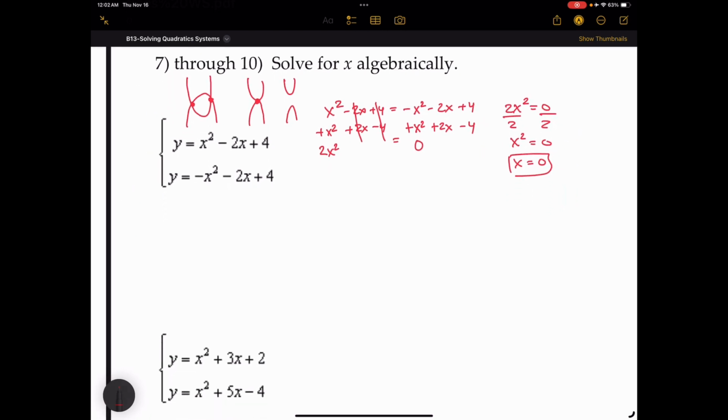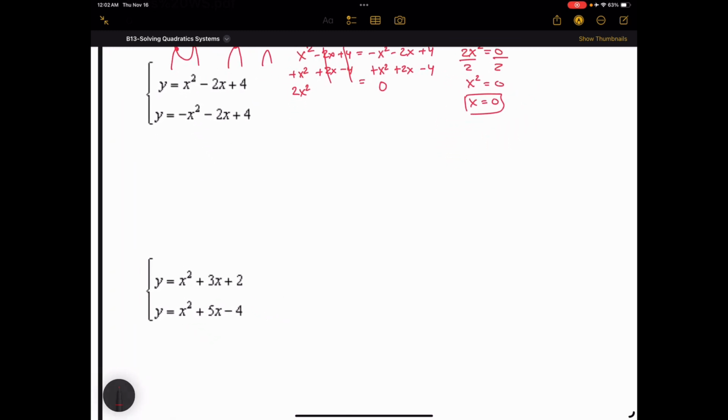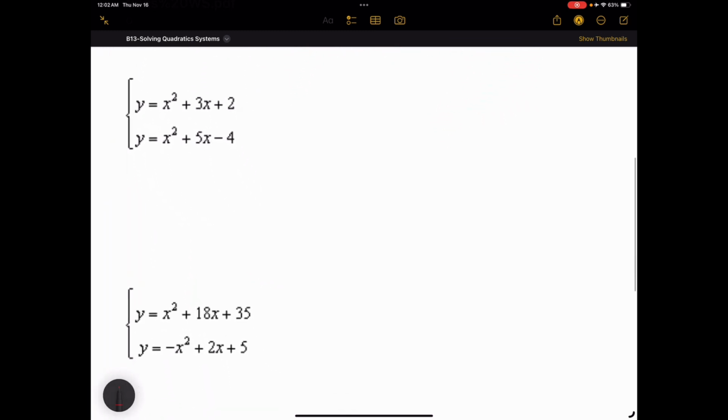That one's nice. All right, let's look at number 8. Okay, both equal to y. So I'm going to set them equal to each other. x squared plus 3x plus 2 equals x squared plus 5x minus 4. I'm moving everything to the left, just out of habit. Minus x squared minus 5x plus 4. Okay, right hand side, 0.